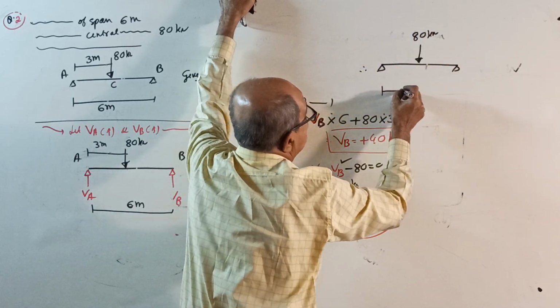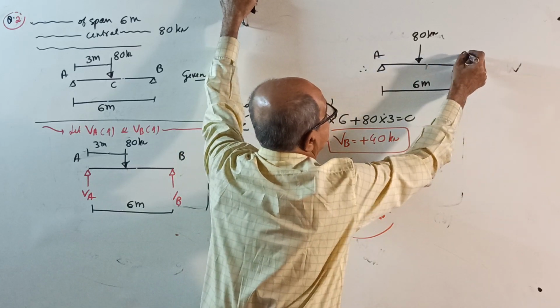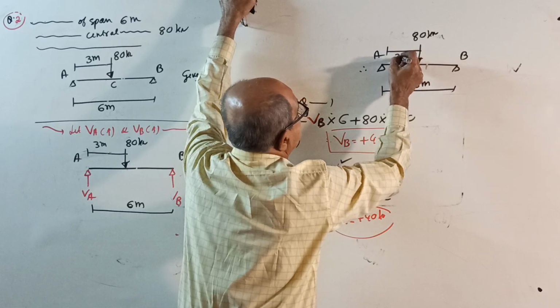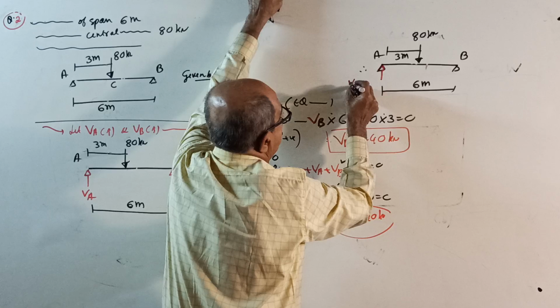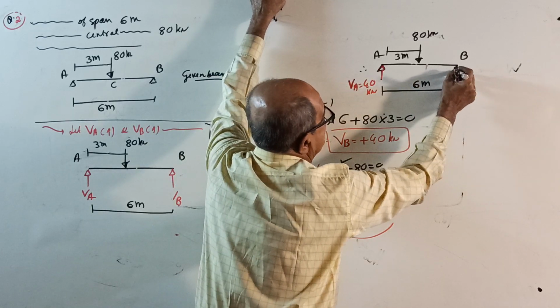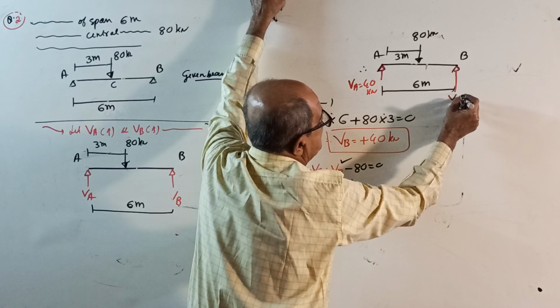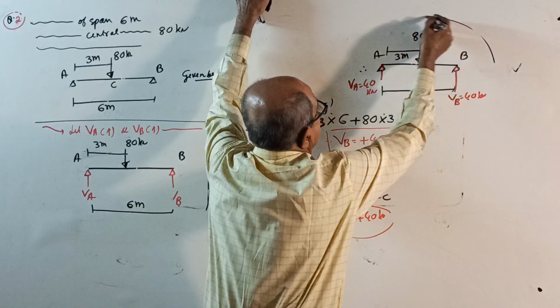This is systematic solution. Span 6 meter. This is A, this is B, this is 3 meter. This reaction Va equal to 40 kilonewton. This reaction Vb also equal to 40 kilonewton is the final answer.